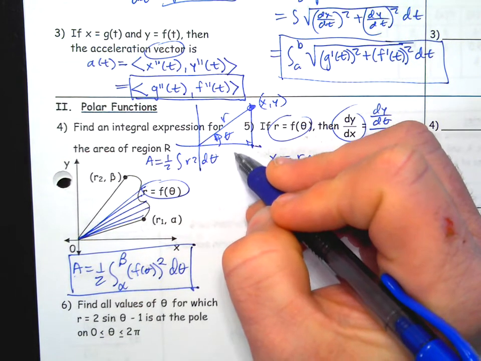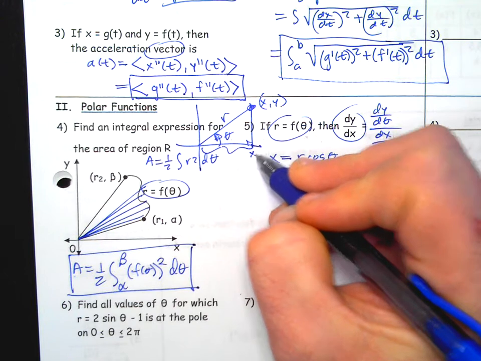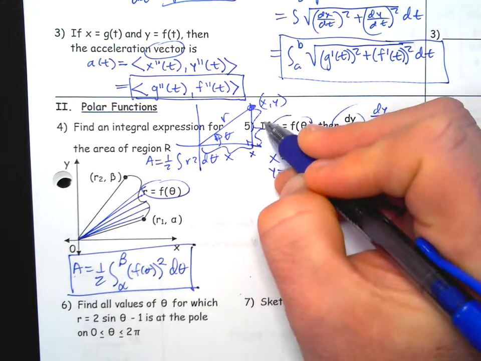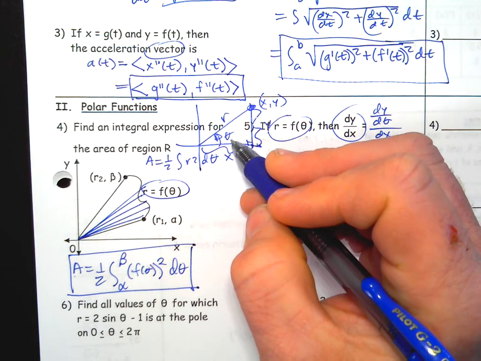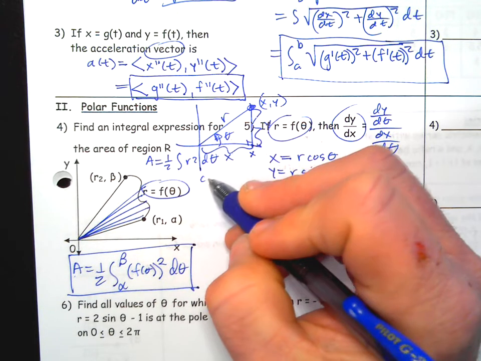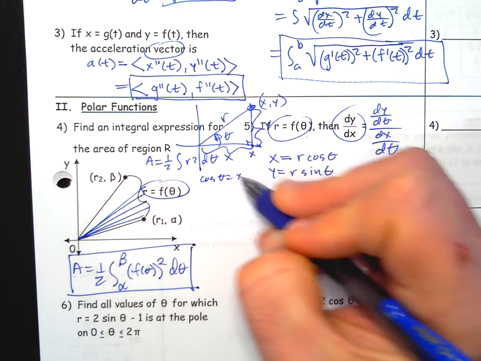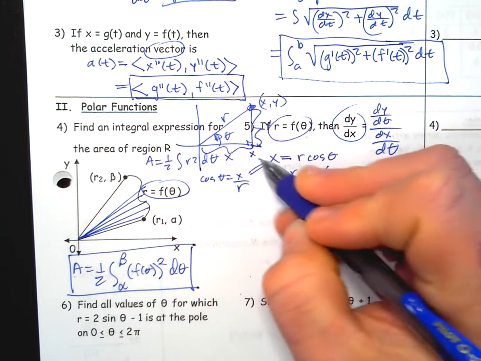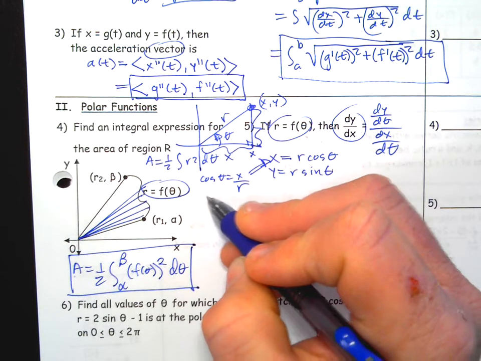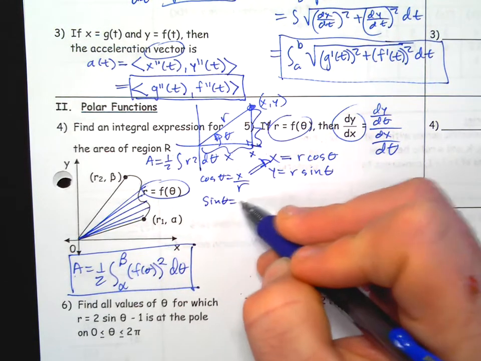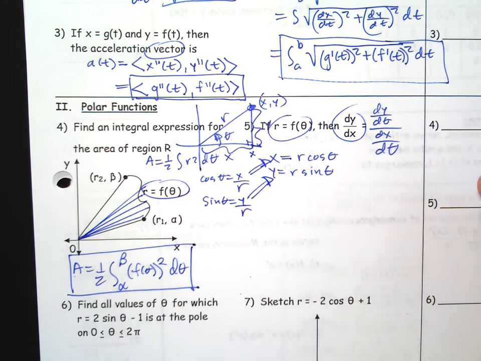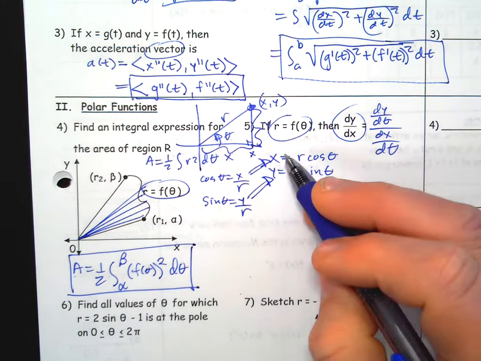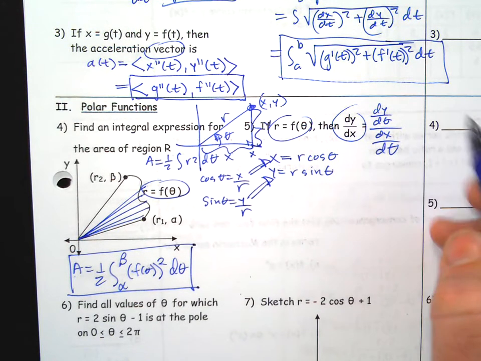If you want to get x from r and theta, you do adjacent over hypotenuse, so cosine theta equals adjacent over hypotenuse, and that's how you get that. If you want the opposite side, sine theta equals opposite over hypotenuse, and that's how you get that formula. You should probably have them memorized, but they're easy to figure out.